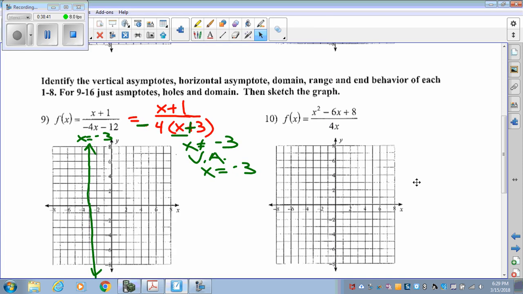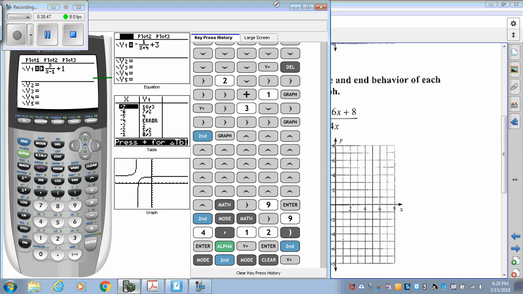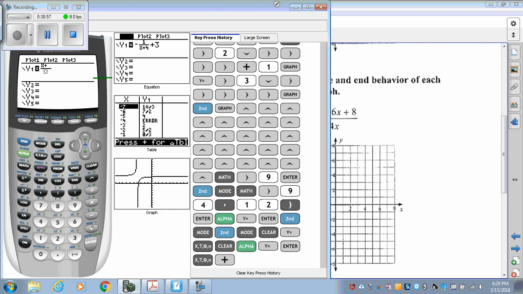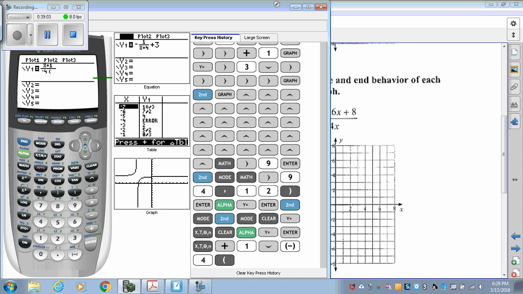We have x plus 1 in the numerator and negative 4. So x plus 1, oops, there. Alpha, y equals, enter. I've got x plus 1 in the numerator, and then in the denominator we had negative 4, and then we're factoring out that was x plus 3.